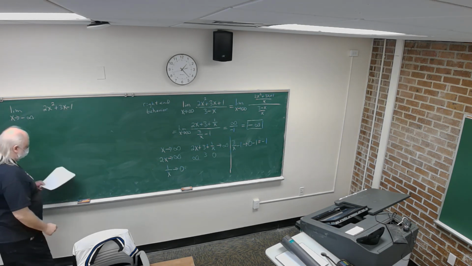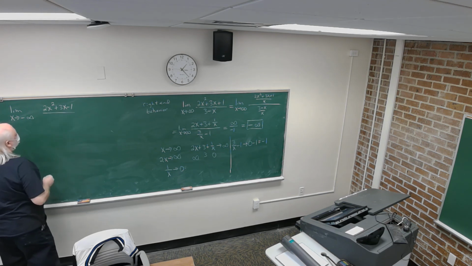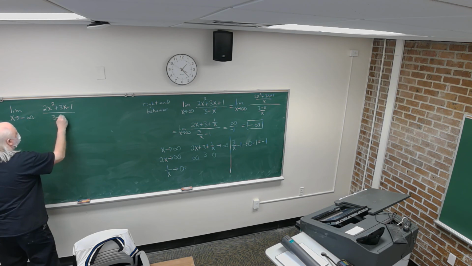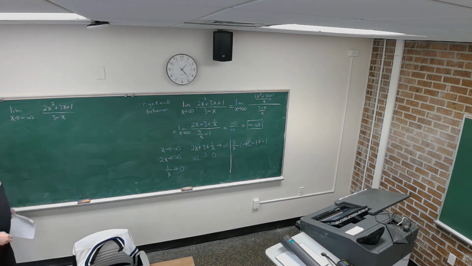Oops, we do not have the same rational function. It's 2x squared plus 3x minus 1 over 3 minus x. You know what? I'm going to make it the same function. The constant doesn't matter. So I'm going to make it the same problem. Okay, same function.